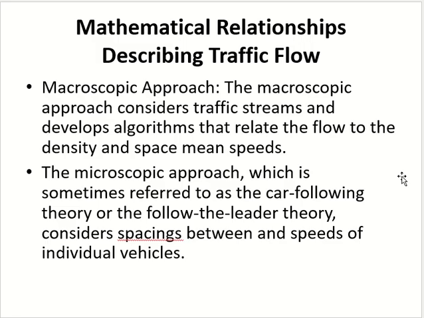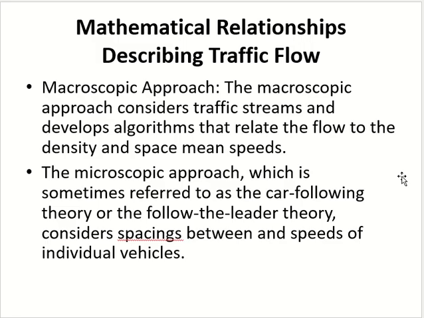So when we say microscopic approach, I'm looking at small units of traffic. When I say macroscopic approach, I'm looking at big units of traffic. The small unit of traffic is a car, since traffic is made of cars. The big unit of traffic is flow.